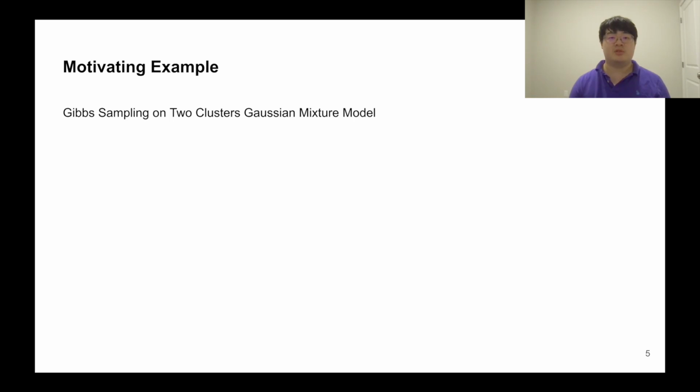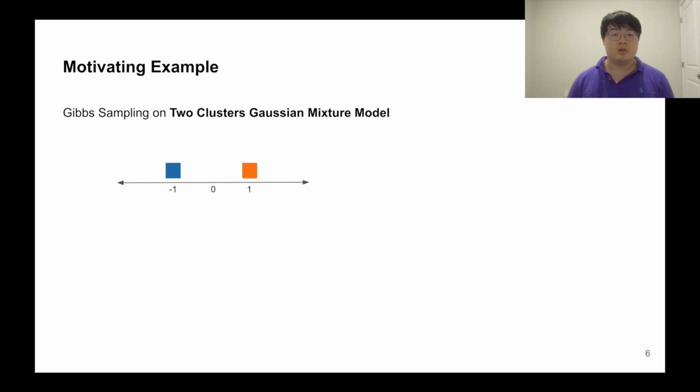The example is called Gibbs Sampling on two clusters Gaussian mixture model. Let's first suppose that there is a sequence of objects. Each object belongs to one of the two kinds, either blue or orange, with equal probability. On this number line, a blue object is located at -1, and an orange object is located at 1.